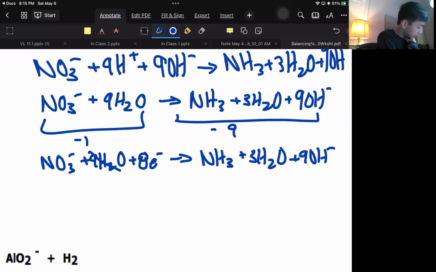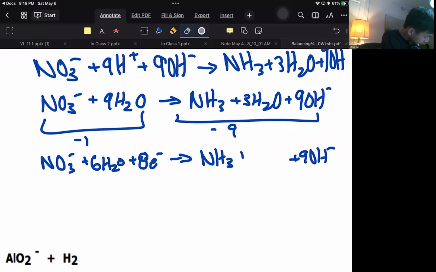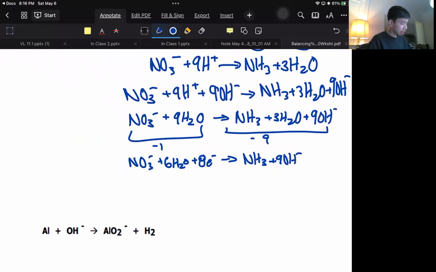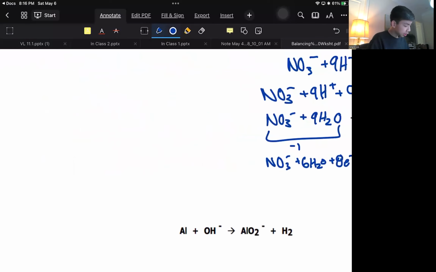So 9 and 3 can turn into 6 and 0. So NO3 minus plus 6H2O plus 8 electrons goes to NH3 plus 9 OH minus. Sweet. Okay, now let's balance the other equation.